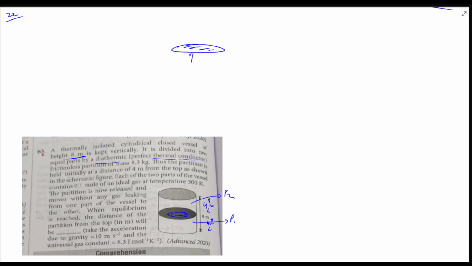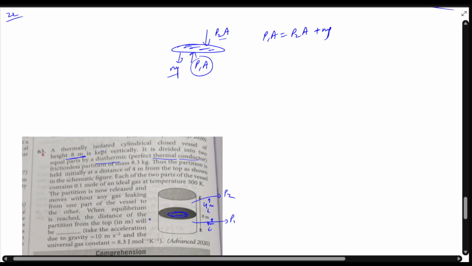The pressure inside will become P2 here and P1 there. If I make a free body diagram, P1A will act upward, and P2A and mg will act downward. So P1A will be equal to P2A plus mg.